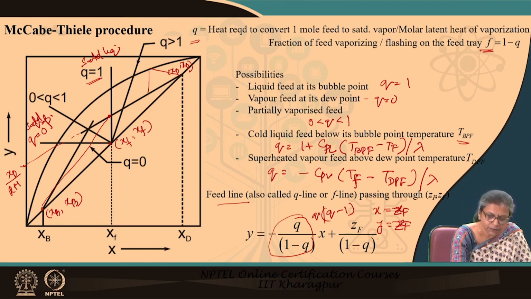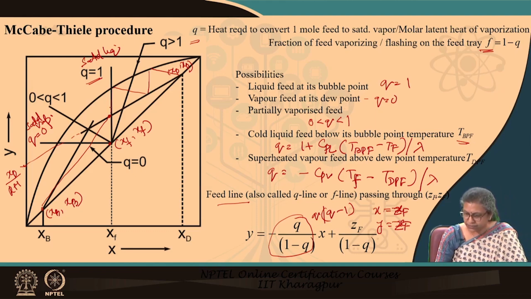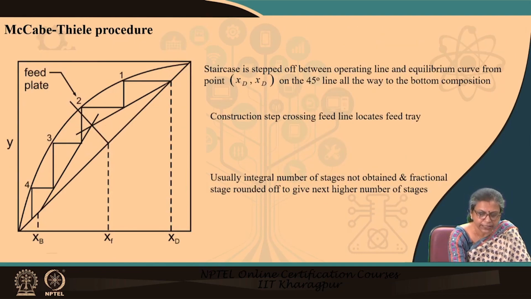In this particular way, if you start dropping the stairs, each particular step that you are generating corresponds to a single ideal stage. So, we start from this point which is xd, we start dropping the staircases. This particular staircase construction is made between the operating line of the enrichment section and the equilibrium curve.